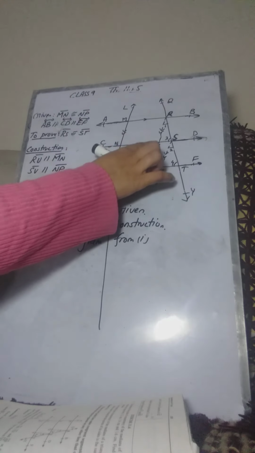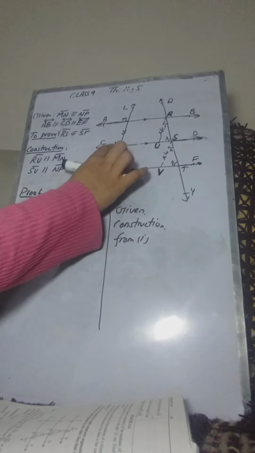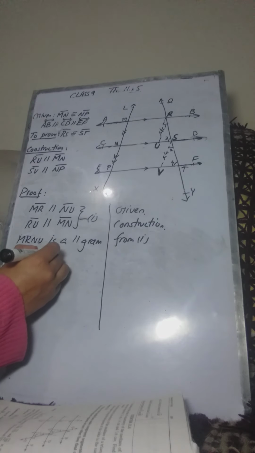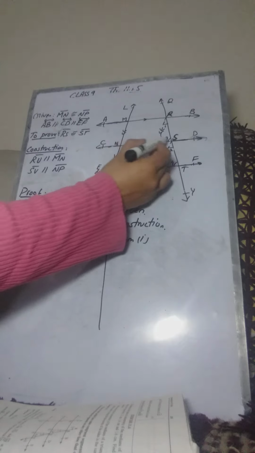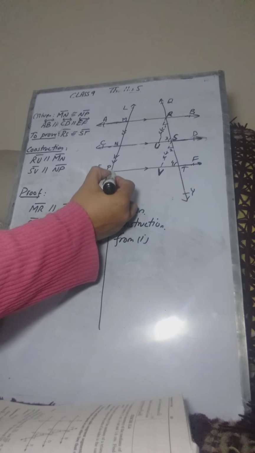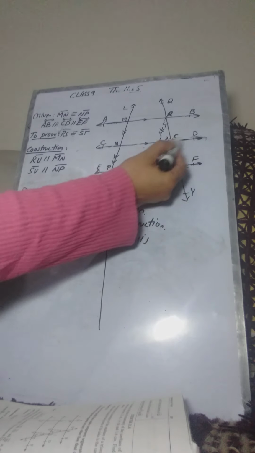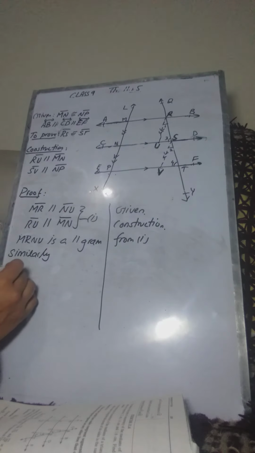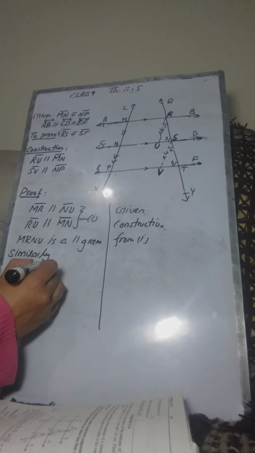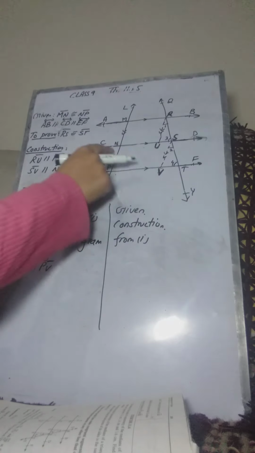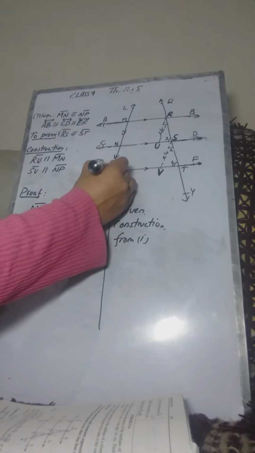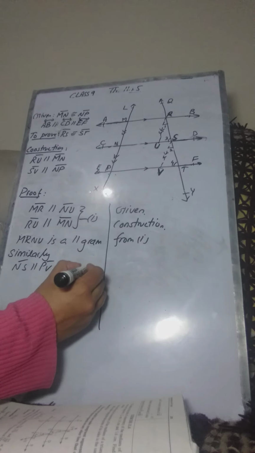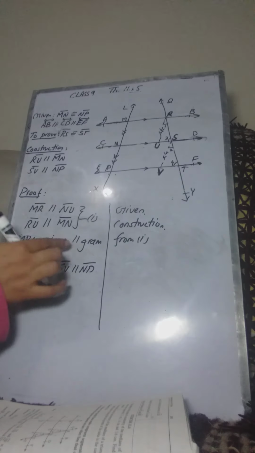Similarly, NS is parallel to PV, because these two lines are also parallel. So NS is parallel to PV, and SV is parallel to NP, from the same reason as above.